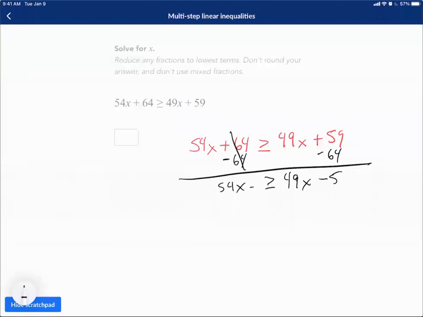This doesn't get any numbers around it. So what we do with this is that we could bring this over here, and this would be -49. So you have 54x minus 49x, which would be 5.